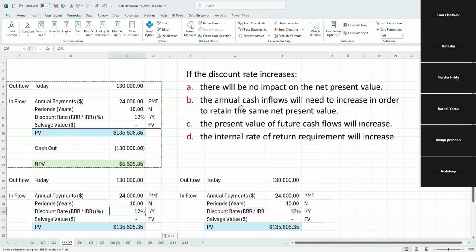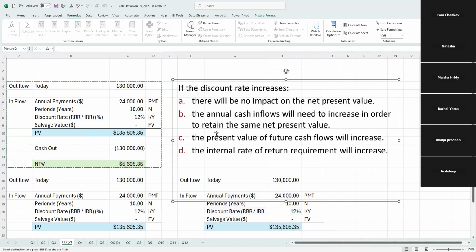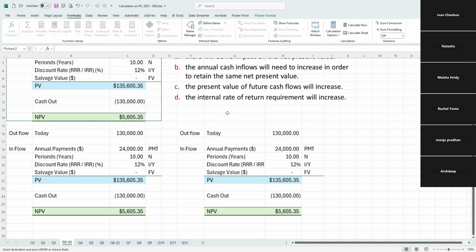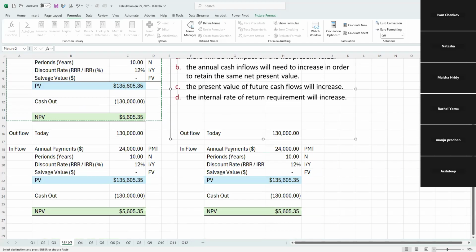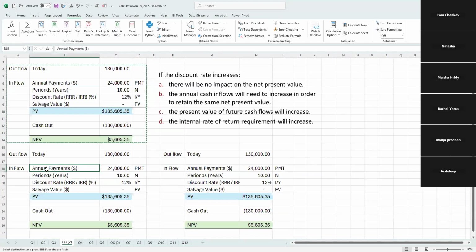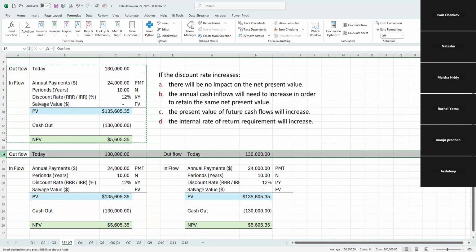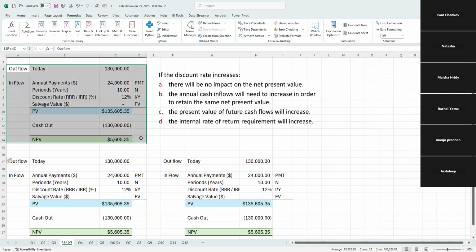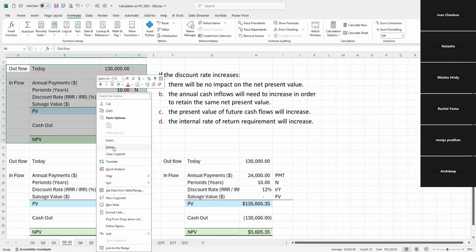So let's go with the first scenario. What will be the impact? Let's make this smaller so I can see it and you can see it. So we're comparing this comparison versus this comparison. Make sense? We're comparing those two only. Let's get rid of this because this one is now a distraction.